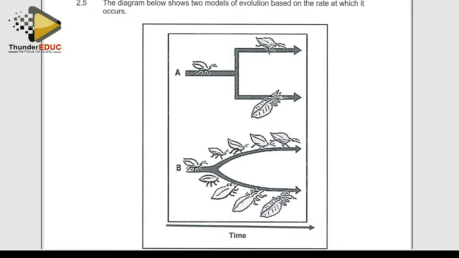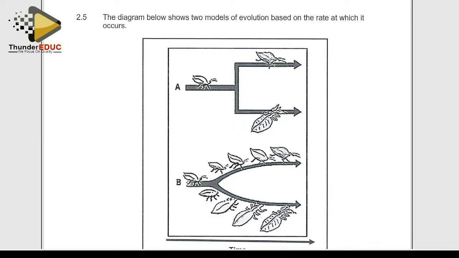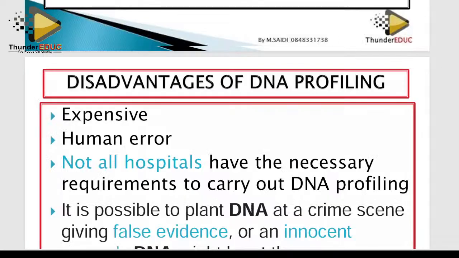So we have explained Mendel's law of dominance and Mendel's law of independent assortment, or Mendel's law of segregation. So I think I'm done with those ones. Let's go to question 2.5. The diagram below shows two models of evolution based on the rate at which it occurs. I talked about punctuated equilibrium and gradualism, guys.